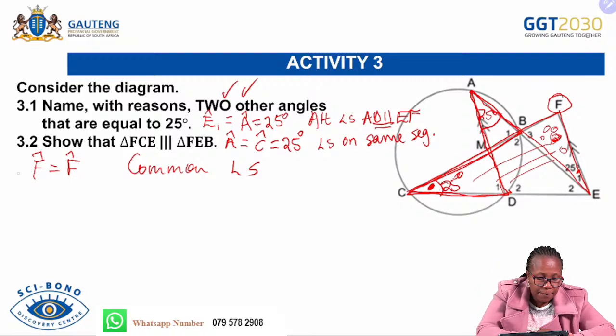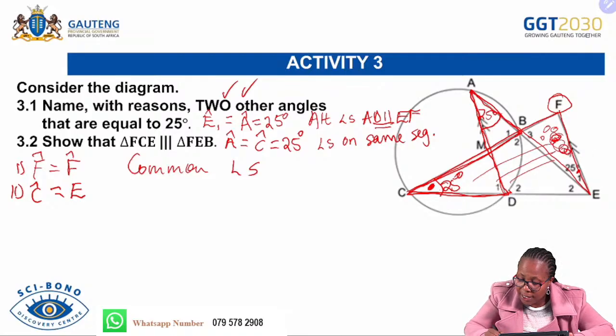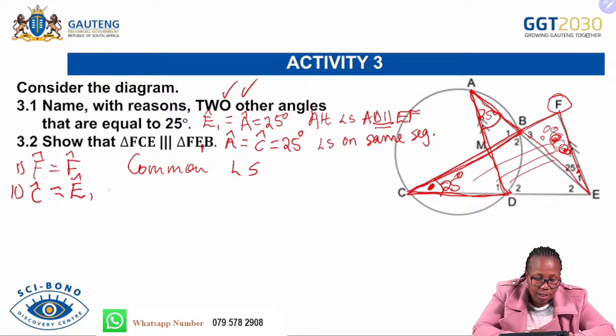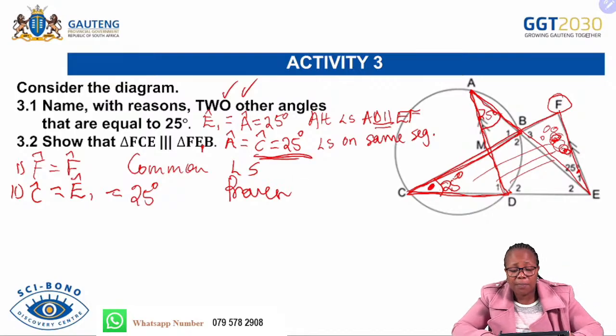Therefore, angle C will be our second angle here. Angle C is equal to angle E. Which E are we talking about in this triangle? That is E1. This is equal to 25 degrees. That is proven. We have just shown that C is 25 above there.